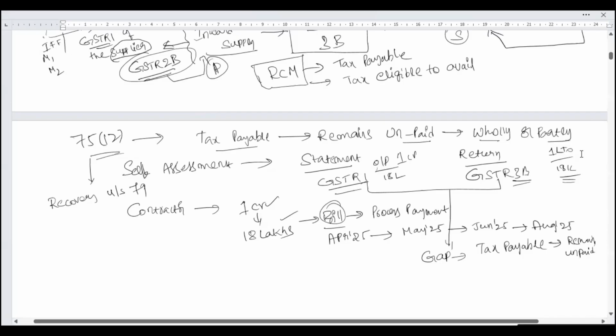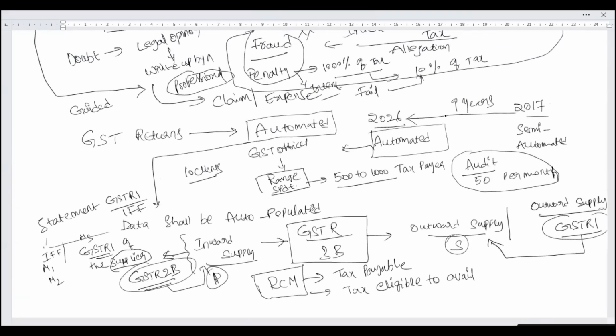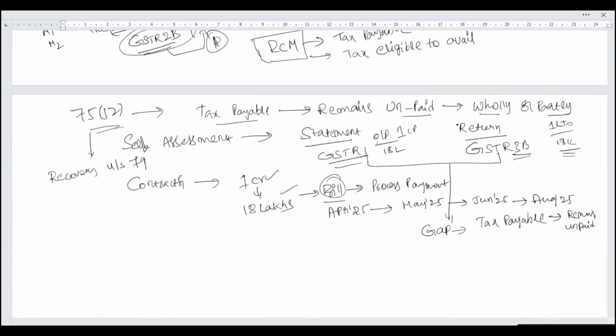Right? Now, this is a scenario I'm talking about initially, 2017, 2018, when we were doing this. Sir, there was no auto population, there was no automation. Even the GST officer didn't know. So when automation came in, they said that this 75(12), to that extent, may not remain. Why?